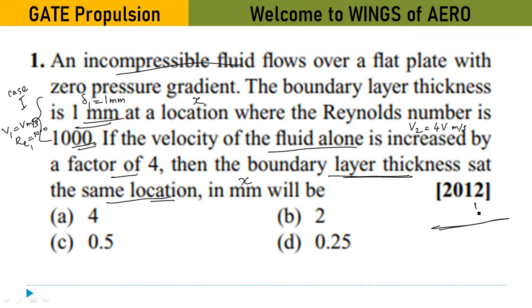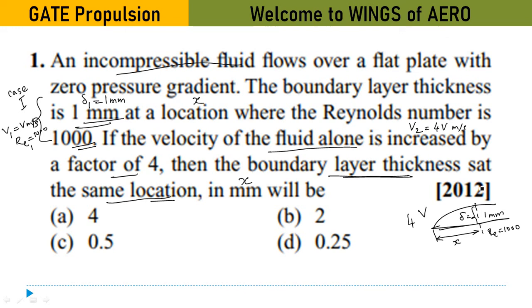Now first of all, we have case 1. What have they given? The v1 is v, del 1 is 1 mm and Reynolds number they have given as 1000, and in case 2 they have given v2 as 4 of v, and del 2 we need to find, right?